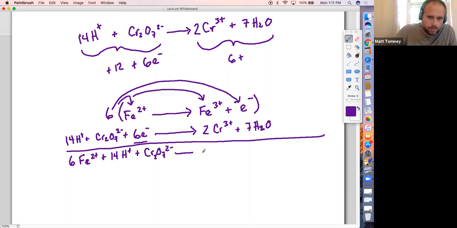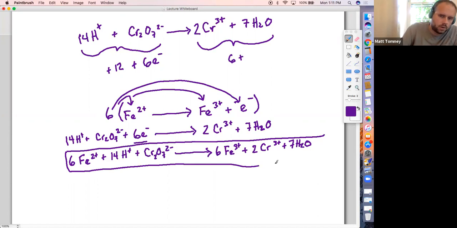The electrons have dropped out, and it will yield 6 iron 3 plus, 2 chromium 3 plus, 7 H2O. And here is the balanced redox equation for what we had. Now this was balanced in acidic medium, all right?